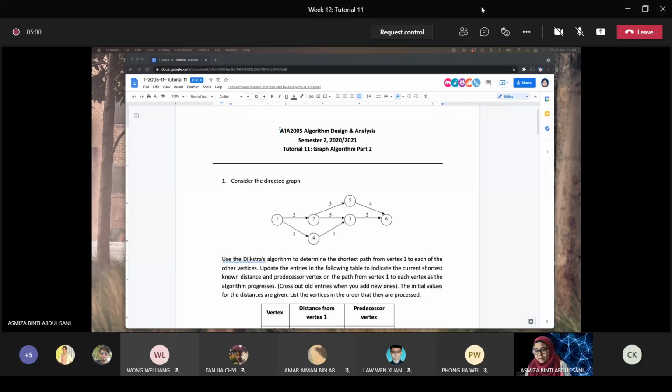And as you know, with the algorithm programming approach, to solve problems, the difference from last week is that last week we didn't look into the negative edge.